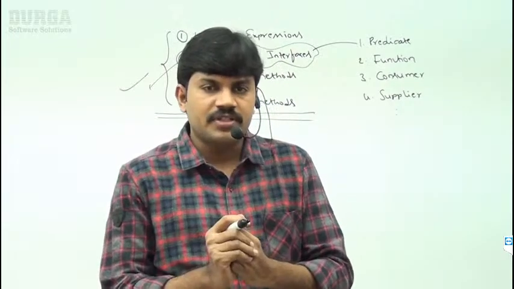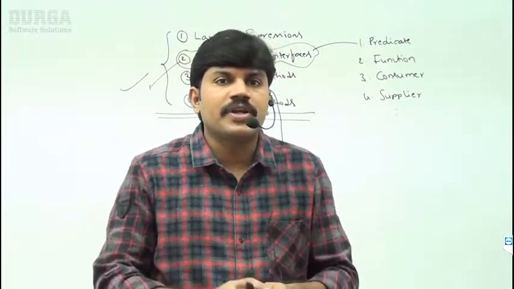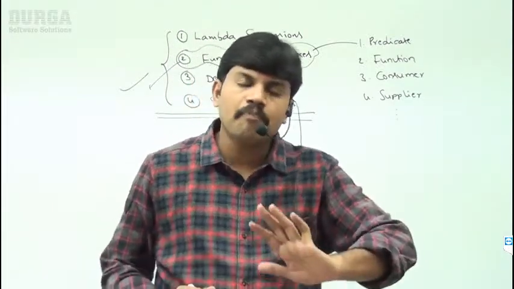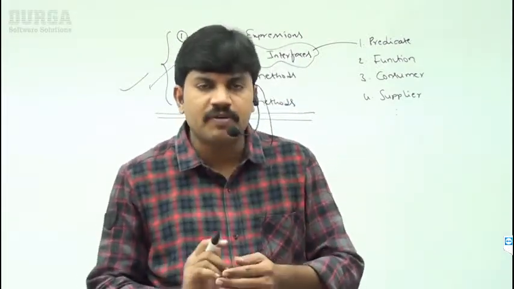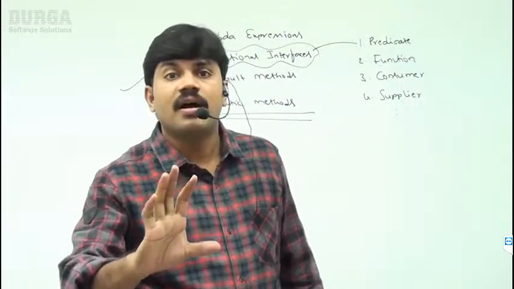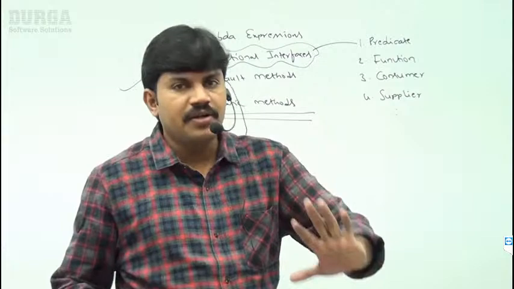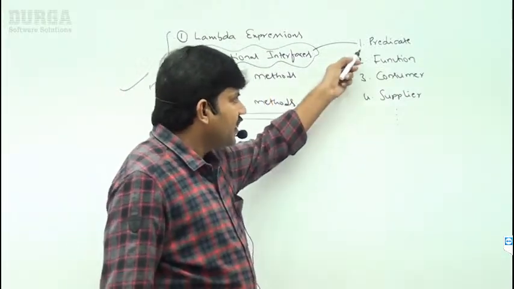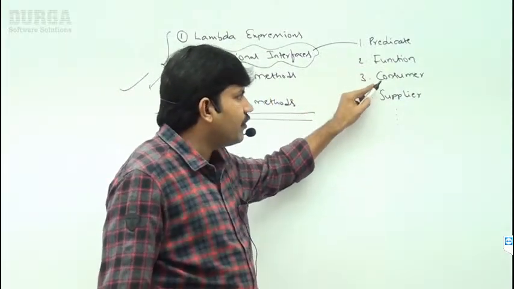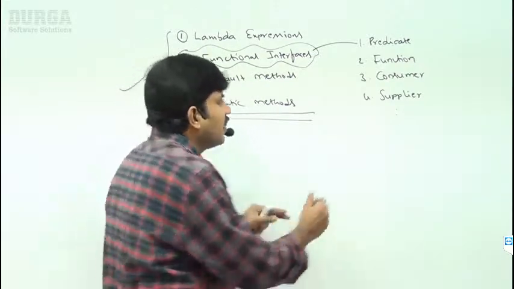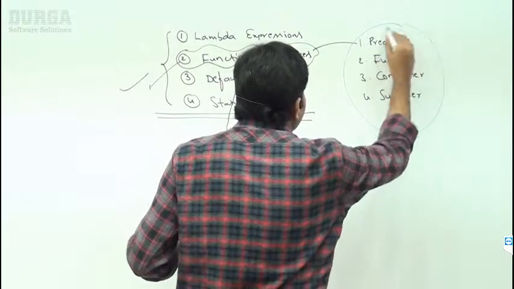Such interfaces are called functional interfaces. In the 1.8 version, Java provided some predefined functional interfaces for us, and we can use them based on our requirement. The main important ones are Predicate, Function, Consumer, and Supplier.